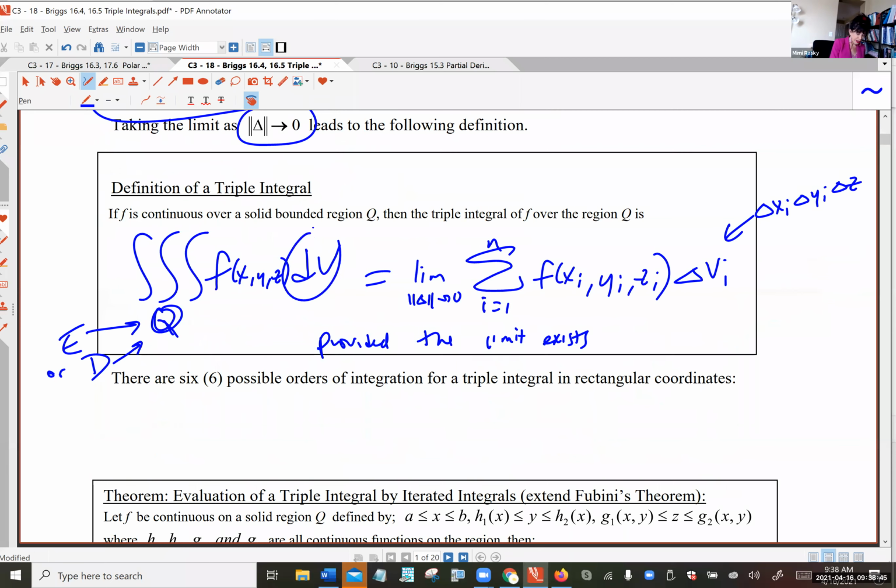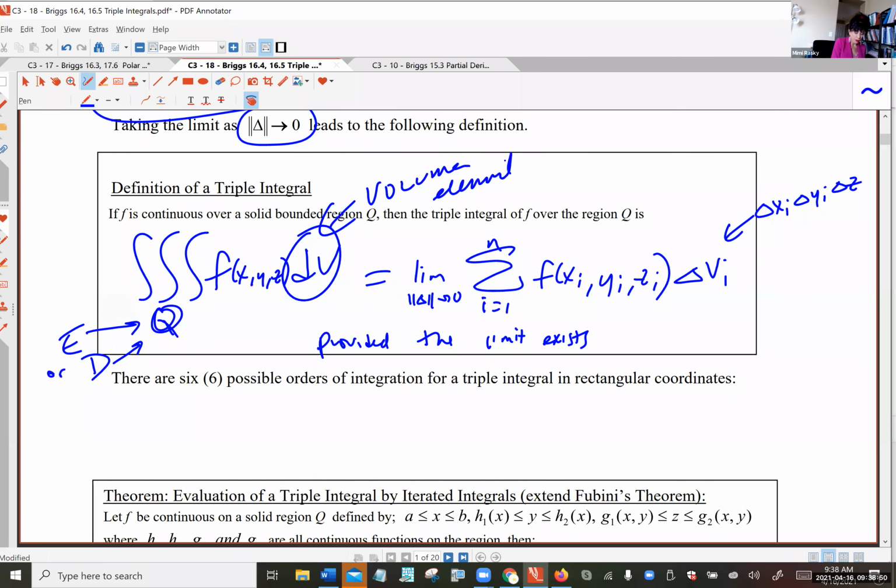Now, this volume element, dV, for rectangular coordinates, has 6 possibilities. It's confusing. You could integrate in this order, dx, dy, dz. Or you could integrate dy, dx, dz.